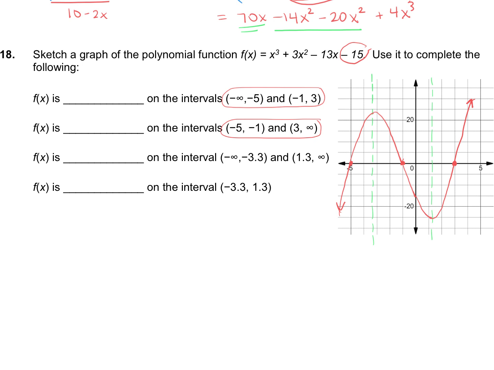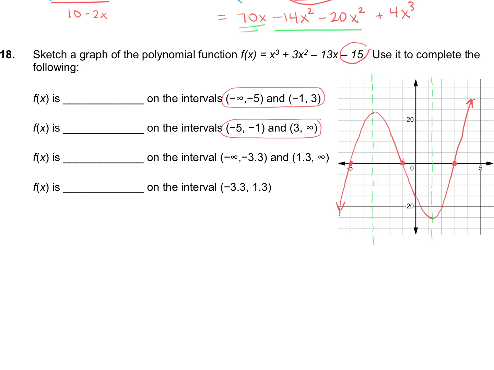So when I come over here to fill in these words, I need to use positive and negative. So from negative infinity to -5, negative infinity is the left side of your graph, all the way up to where x is -5 right here. On this side, do you see how our graph is below the x-axis, making it negative? And then also from -1 to 3. Between -1 and 3, see how our function is below the x-axis?